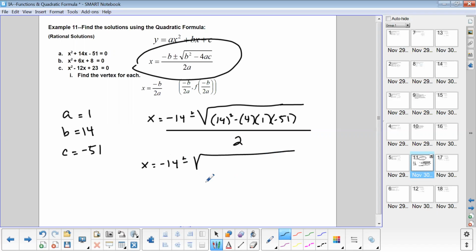So we need to figure out what is under the radical, and that's going to be 14 squared, which is 196. Subtract 4 times 1 times negative 51, and we're going to get negative 204.